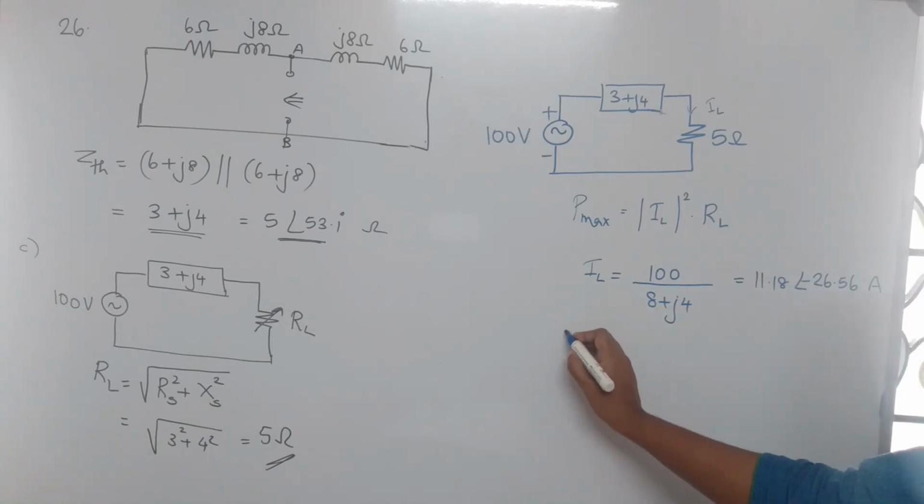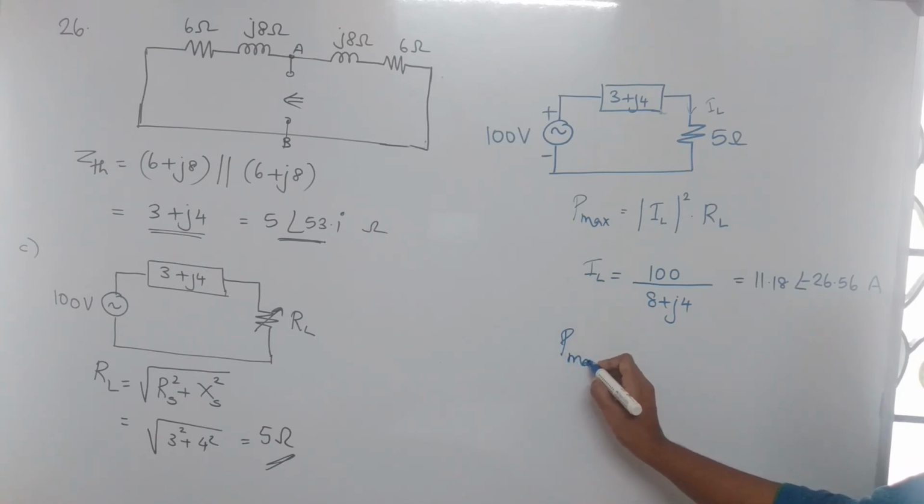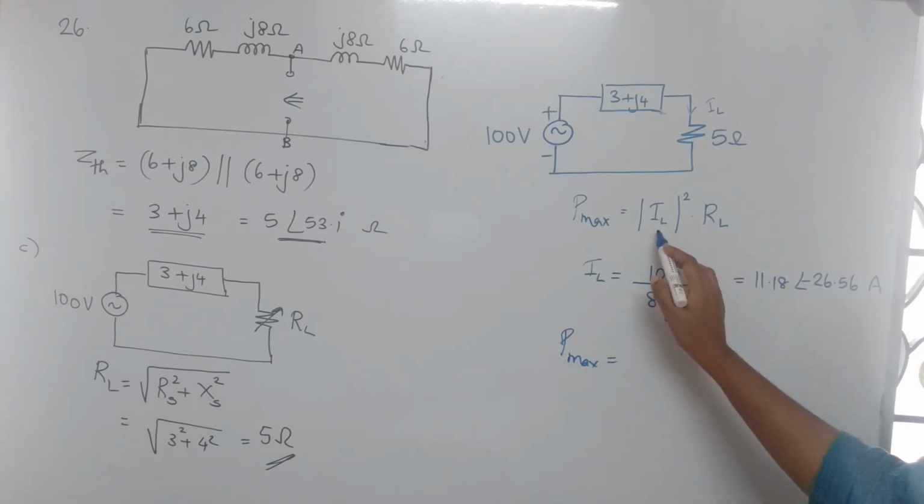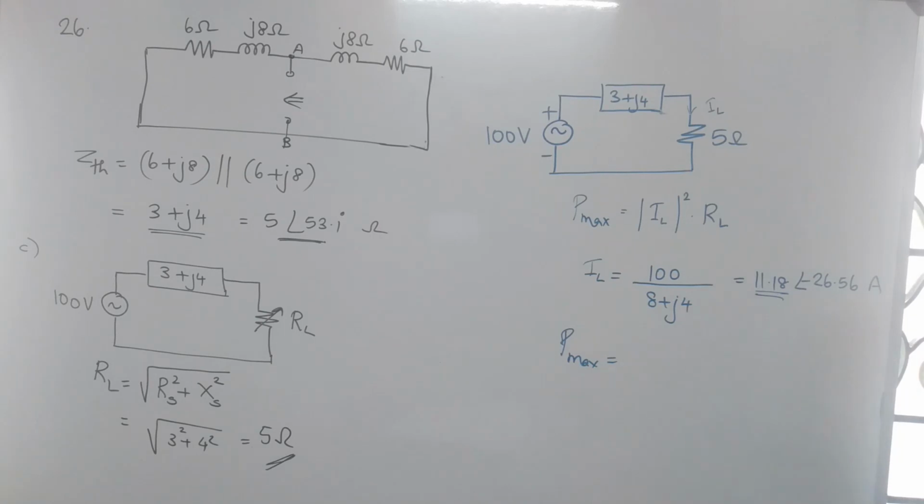So now we can find out Pmax. Pmax equal to modulus only, so you need to take only the magnitude form. 11.18 the whole squared into RL. RL is 5, which is 624.96 watts.